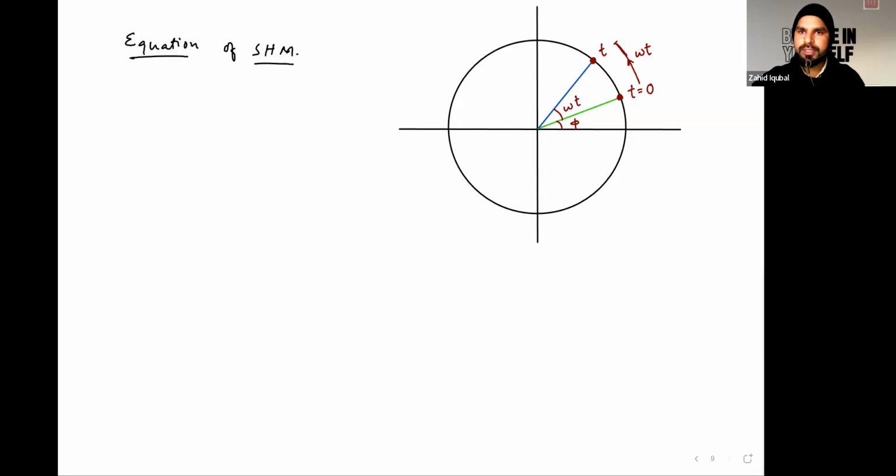So if you draw the projection of this particular particle at this point on the x-axis and the projection of the particle along the y-axis, it will be the x component from this point to this point, and this will be the y component from this point to this point.